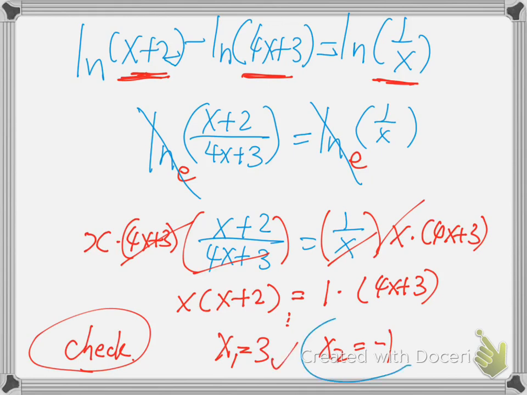When x is negative 1, the first two logs are positive, but for the last one on the right hand side, you take ln of 1 over negative 1, so it's a negative number. You have to drop x2. So we only have one solution, positive 3.